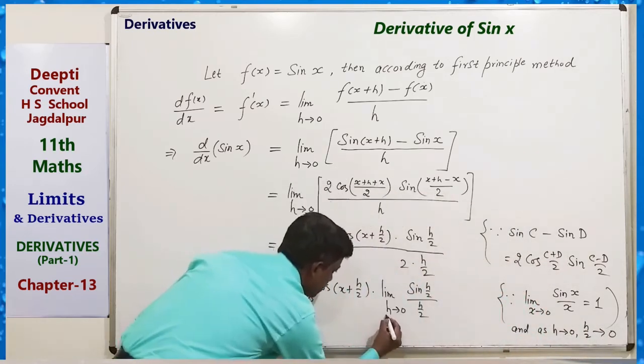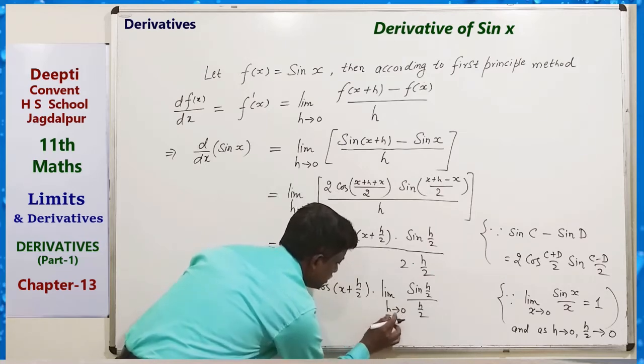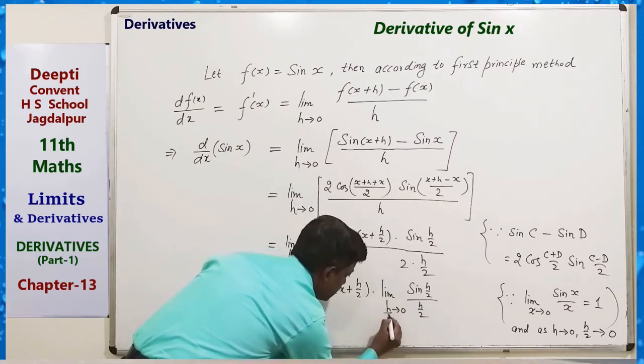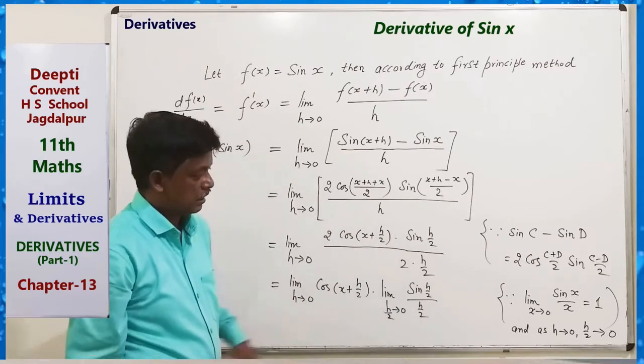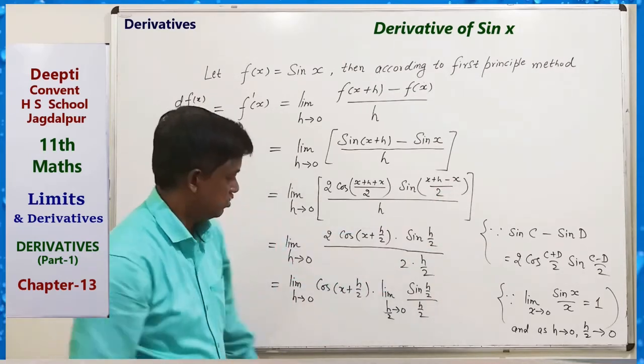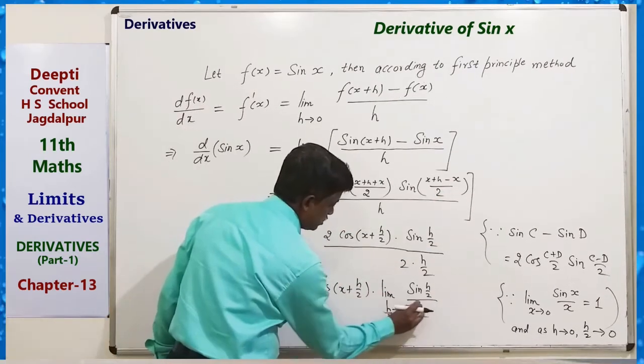So we can write here also in place of h by 2. h tending to 0, h by 2 tending to 0. So this is the same quantity.